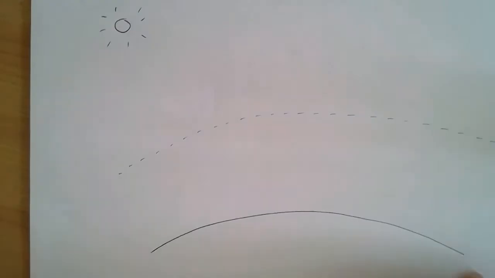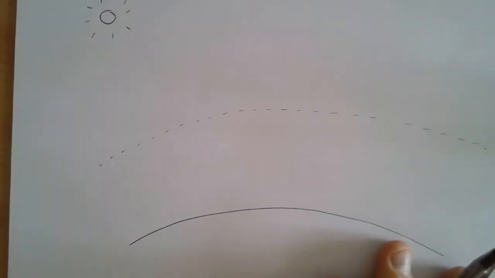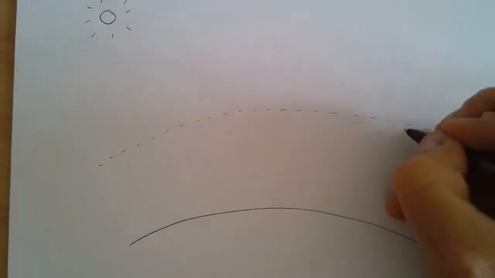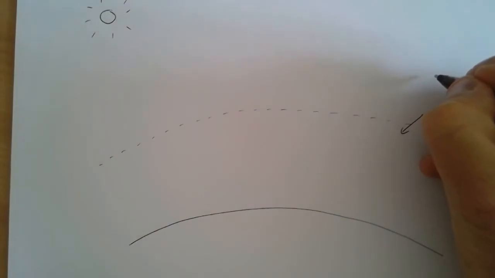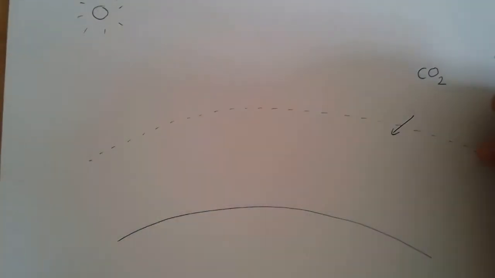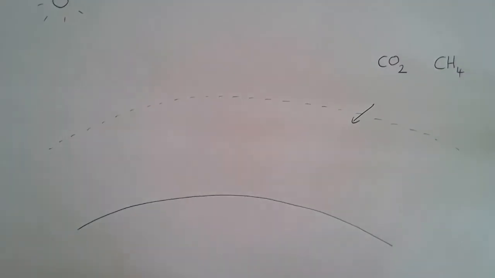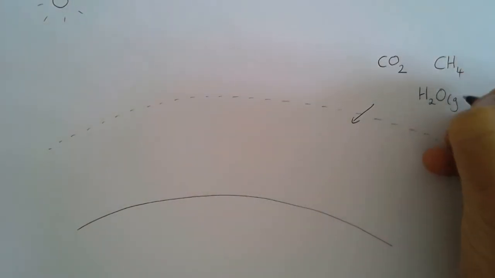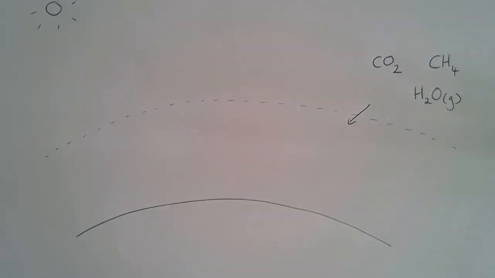Remember, the Earth's atmosphere extends up to about 10 miles in height and contains mainly nitrogen and oxygen, but it also contains small amounts of greenhouse gases. The ones we're interested in are carbon dioxide, very small amounts of a gas called methane, and to some extent water vapor, so gaseous water.